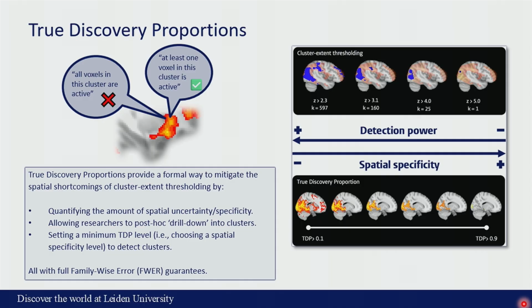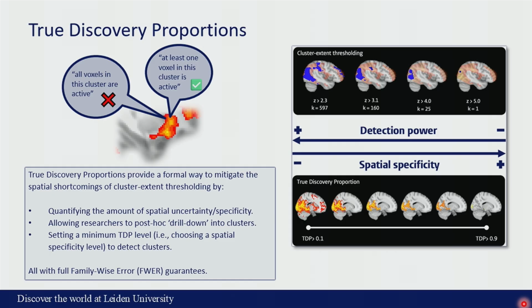So the software provides true discovery proportions of clusters. It's a clustering algorithm. And why is this the case? Well, the hypothesis that we test with standard extent threshold clustering is that at least one voxel in that cluster is active. And so we therefore do not have high spatial specificity, especially in large clusters, as to where the signal originates from.